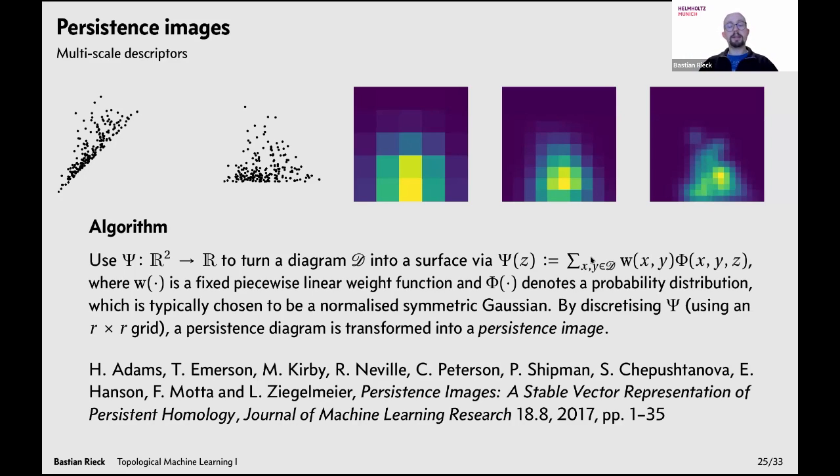So essentially you get some kind of probability distribution that is discretized on a grid. This is due to Henry Adams and colleagues, and it's a very nice way to deal with persistence diagrams in practice, because you can featurize this type of descriptor easily.